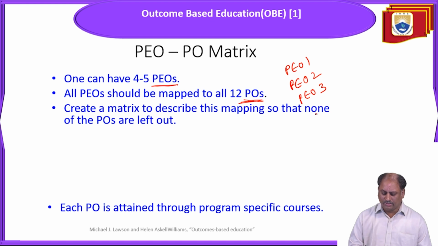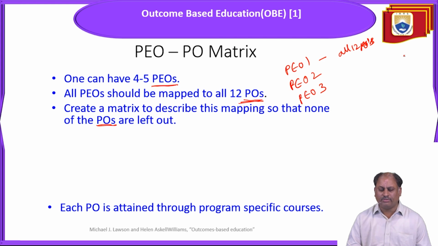While mapping, none of the POs should be left out. That means we have to allocate in such a way that it is suitable to all 12 POs. It should be mapped to all of them, and we have to formulate the statement of the PO. Then each PO is to be attained through the program specific outcomes.